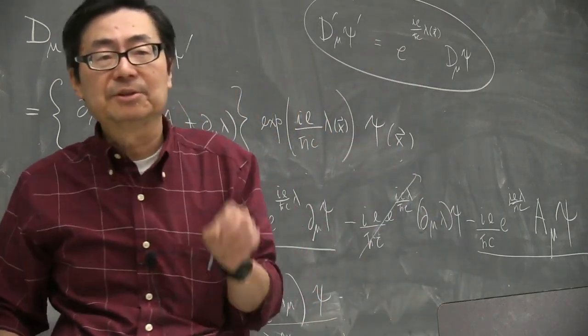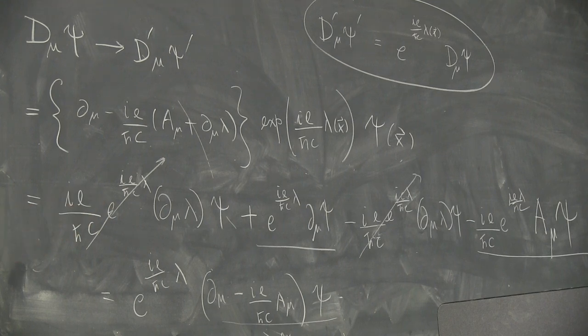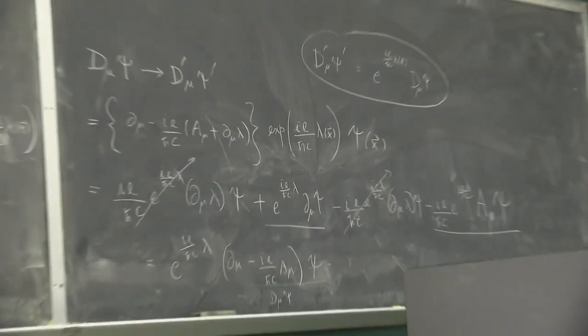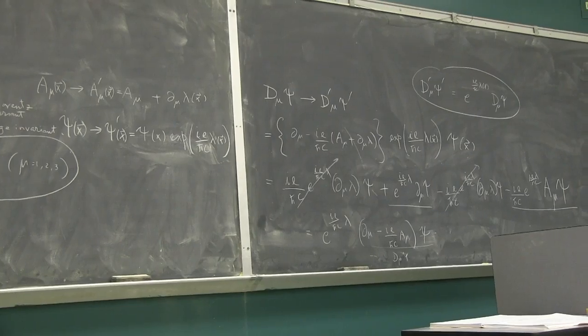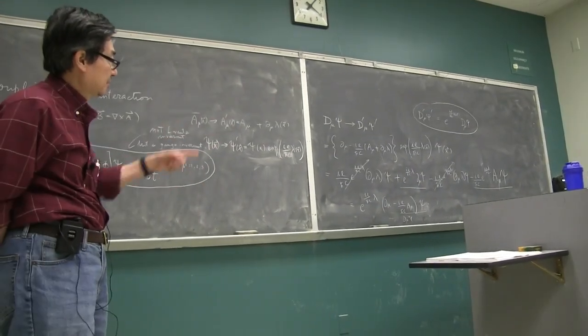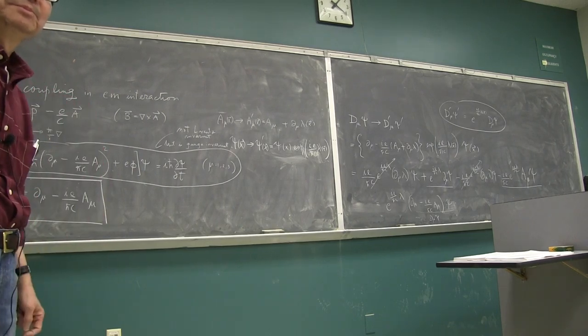It just makes the original thing acquire a phase factor. Okay? And you see, here comes the reason why we have introduced this gauge transformation, the associated gauge transformation, so to speak, into the wave function, so as to make sure that that first and third term cancels out, so we have this kind of relationship.